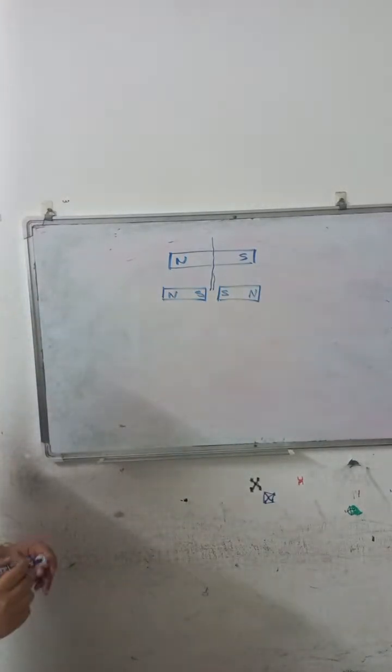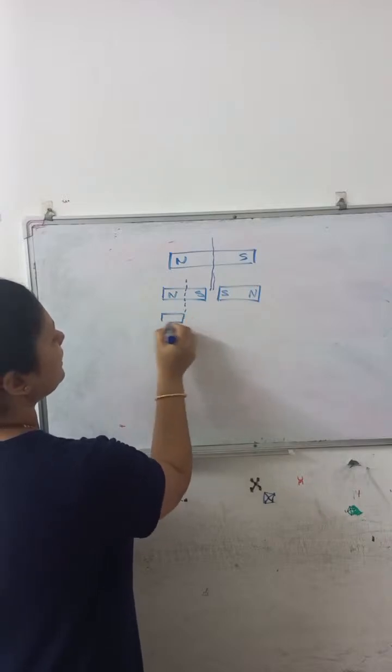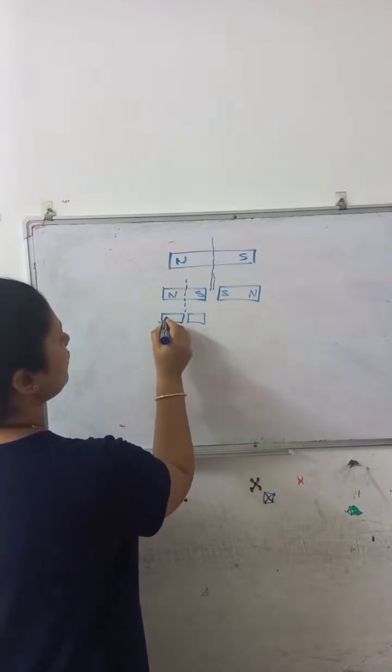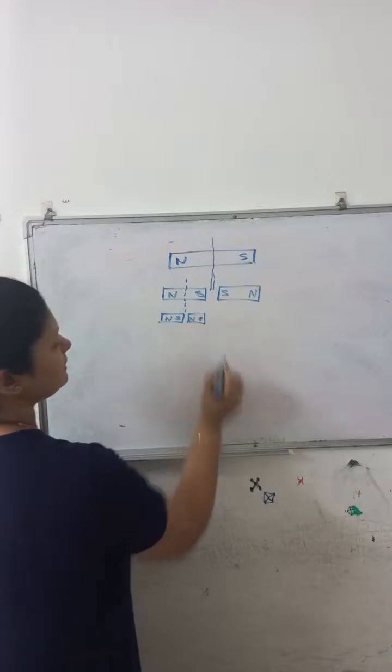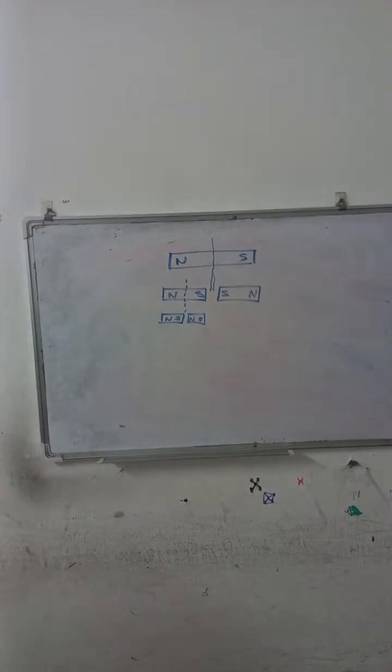If you cut again, the short magnets formed again have north and south poles. Even if a magnet is divided into a number of small parts, you will always get two poles, north and south.